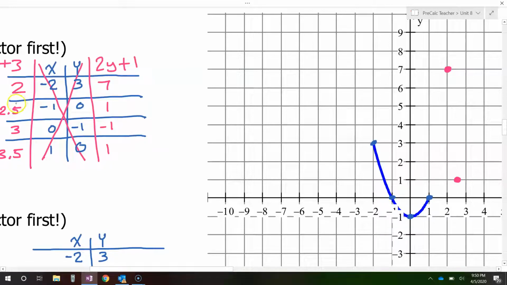And all right, next we have 3, -1. 3, -1 is right here. That's what happened to this point right here. Okay, and then we have 3.5, 1. And 3.5, 1 is going to be right here.